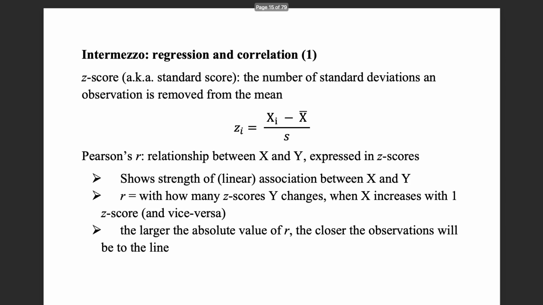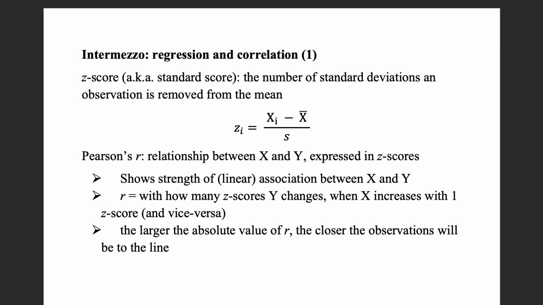You can think about this r value as well. The larger the value is, whether it's positive or negative, so the further removed from zero it is, the stronger the relationship.